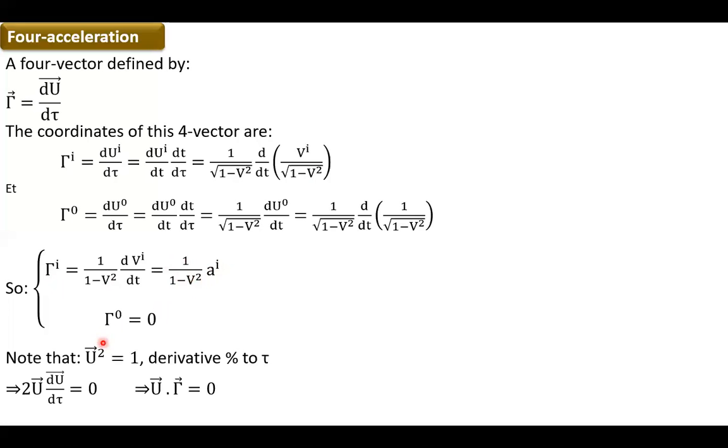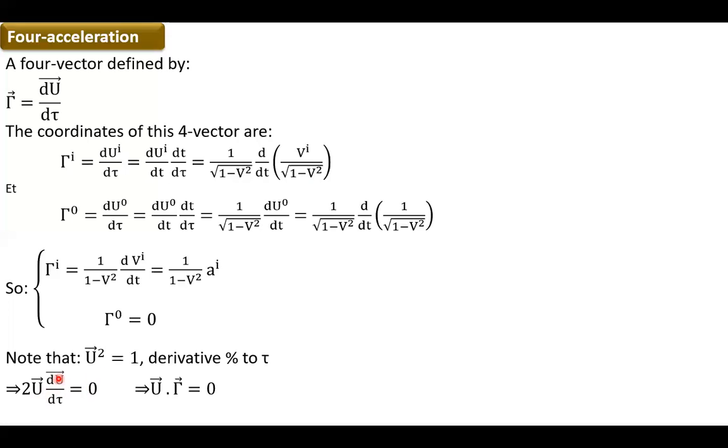And you also know from the 4 velocities that the norm of the velocity, u squared, is equal to 1. So if you make the derivative with respect to tau, the derivative of u squared with respect to tau is 2u times du over d tau. The derivative of 1 is 0.